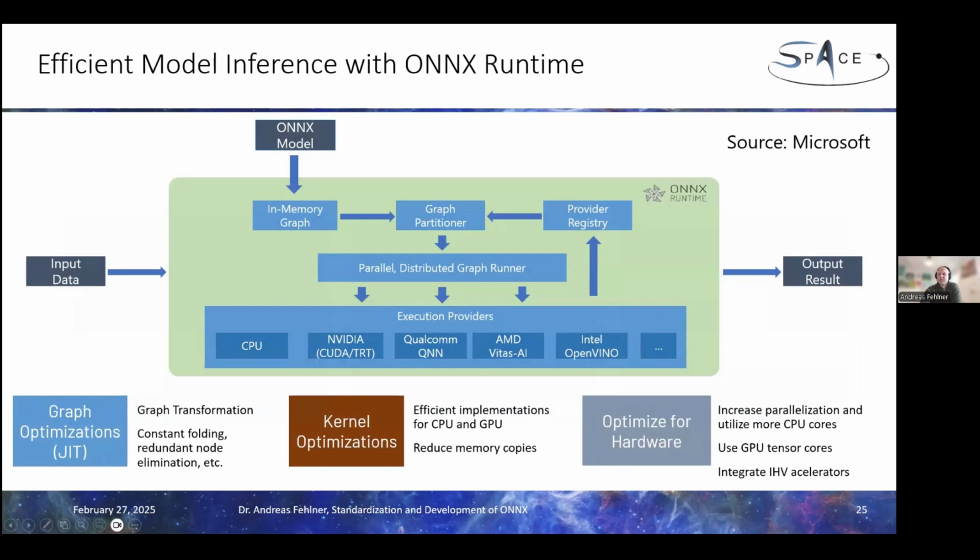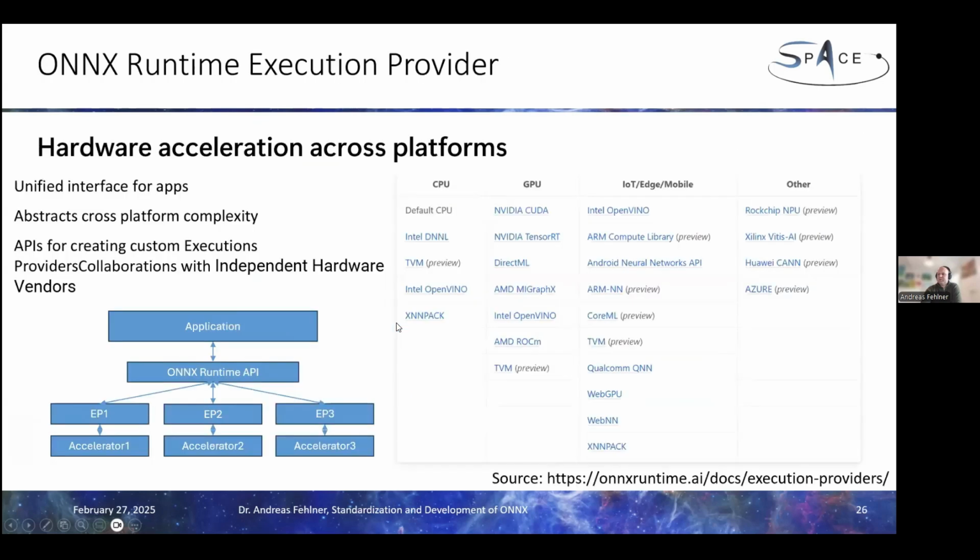So what optimizations is ONNXRuntime providing? Some graph transformation, some constant folding, redundant nodes are reduced. Then it's working for parallelization. And you also see some list from Qualcomm, AMD, Intel, what can be used within ONNXRuntime.